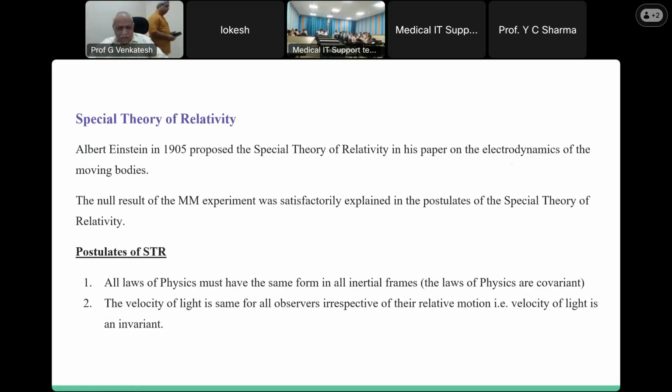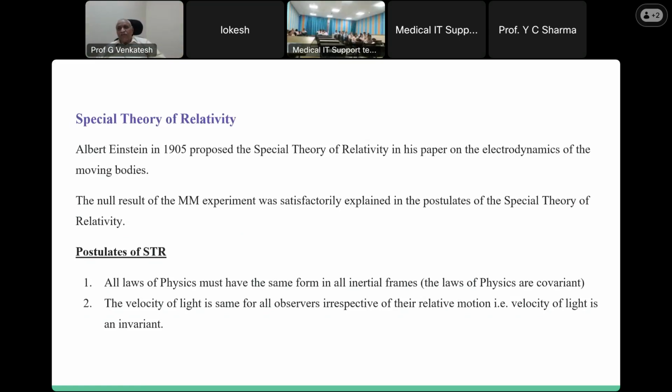Now, one or two points I would like to mention. Albert Einstein in 1905 proposed the special theory of relativity in his paper on the electrodynamics of moving bodies.